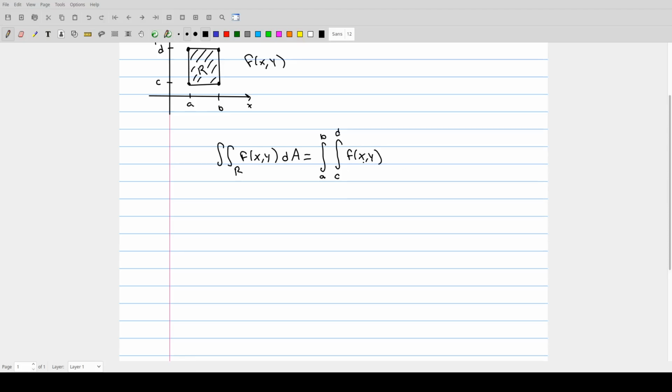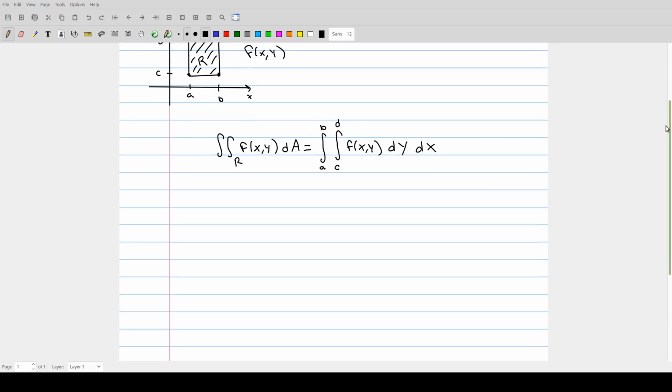Specifically, we take the function f of x, y and do the y integral first, the integral from C to D. Whatever that gives us will be a function of x, which we can then integrate, again, with the x integral from A to B.